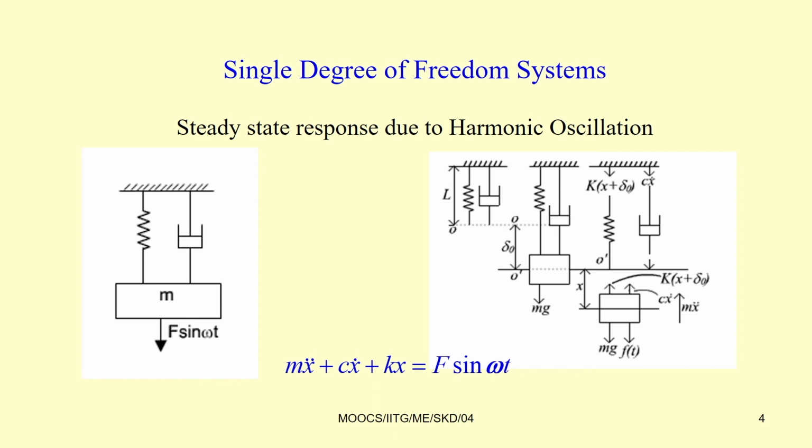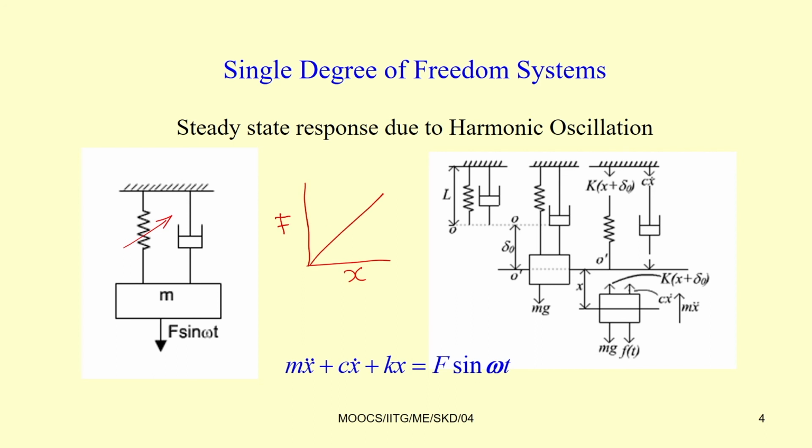The familiar system you know is the spring mass damper system. Let us first consider the spring to be linear, and then we will consider the spring to be non-linear. For the force displacement curve, this is x and this is the spring force, and the spring force will be like this.